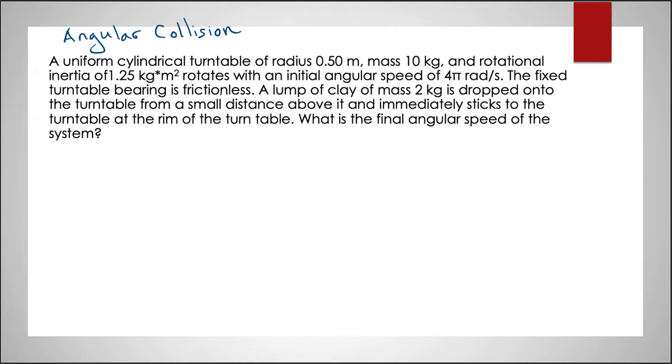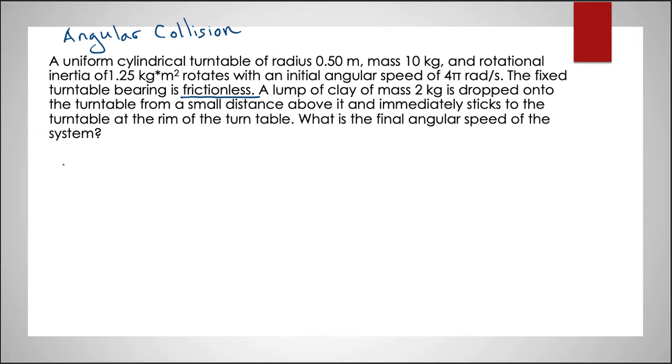And the turntable bearing is frictionless, which means no external torque. It's not slowing down. The AP exam really loves to talk about that frictional torque, though, but not in this problem. A lump of clay, mass 2 kilograms, is dropped onto the turntable from a small distance above and immediately sticks.